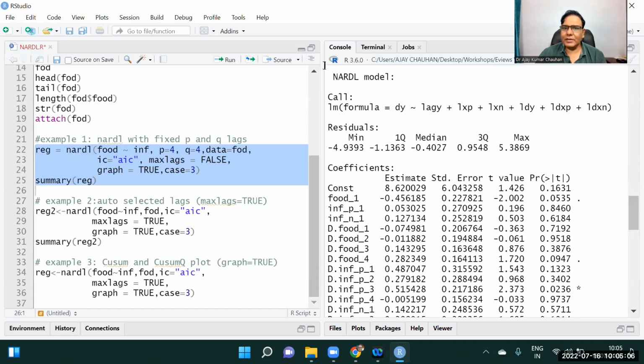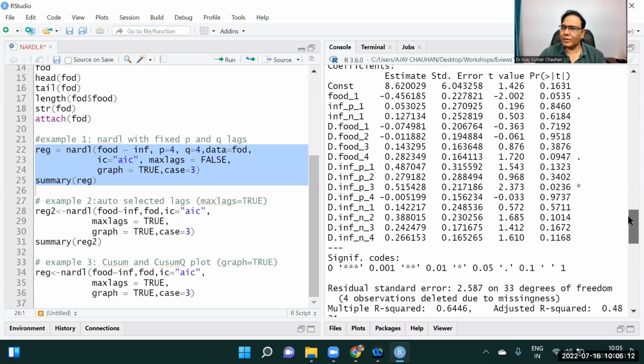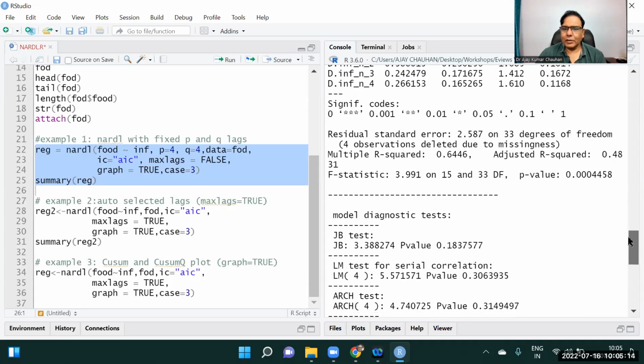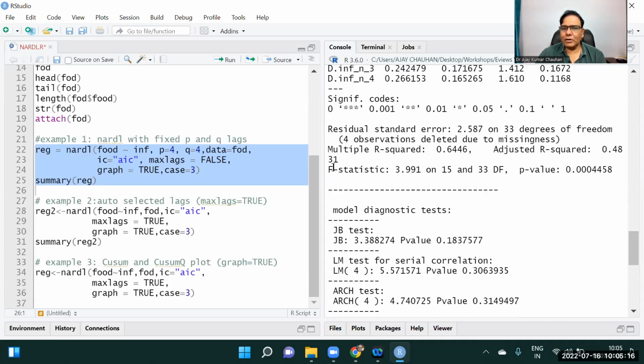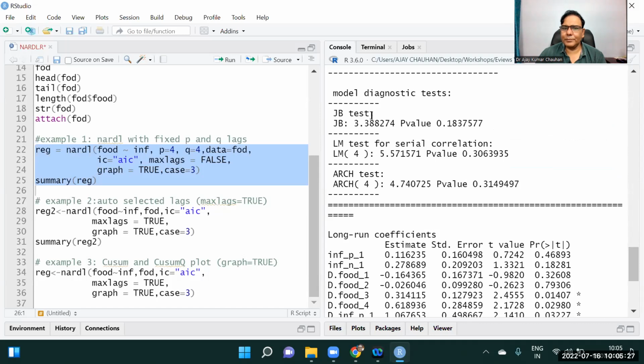Then we have the NARDL model. It is a simple model, like we calculated in ARDL. And whether the long-term relationship is significant or not, it is significant. The F value is found to be significant. The Jarque-Bera test is showing you the distribution of the residuals is normal.